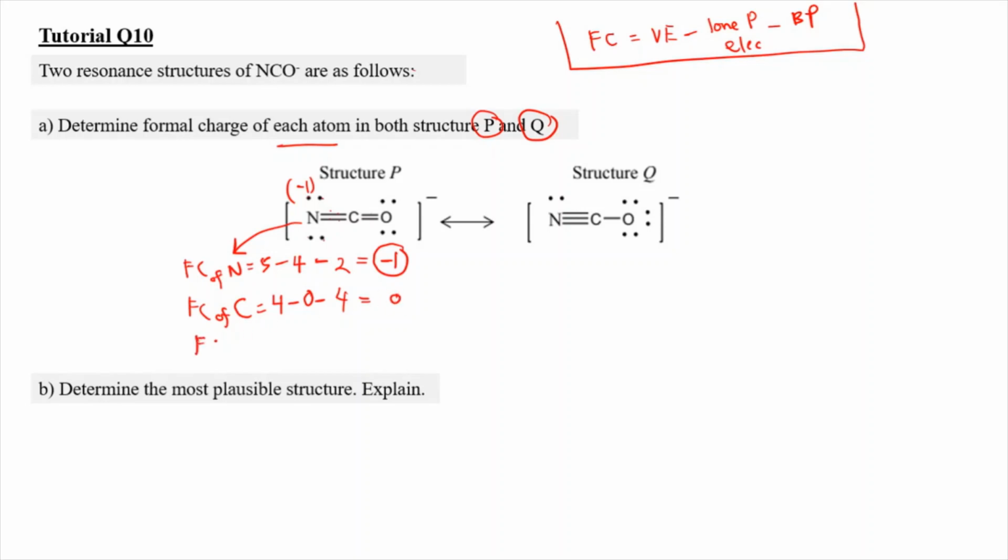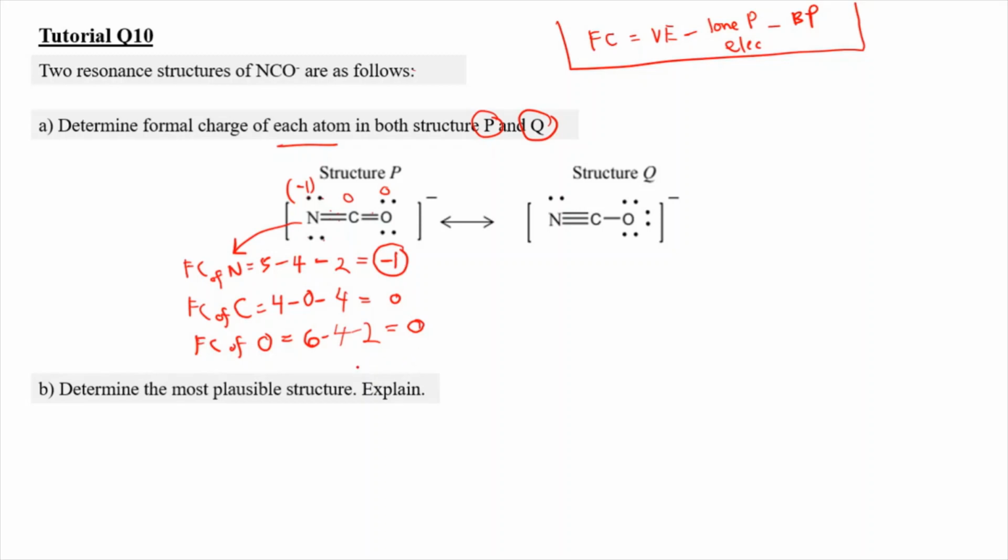And then for the formal charge of oxygen, we have 6 valence electron minus 4 lone pair electron. And then we're gonna minus 1 and 2 bonding pair. So we're gonna have a charge of 0. So negative 1, 0 and 0 here.